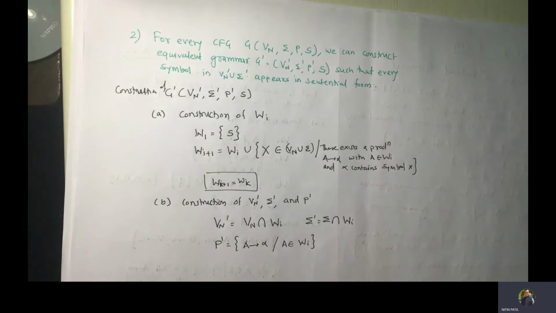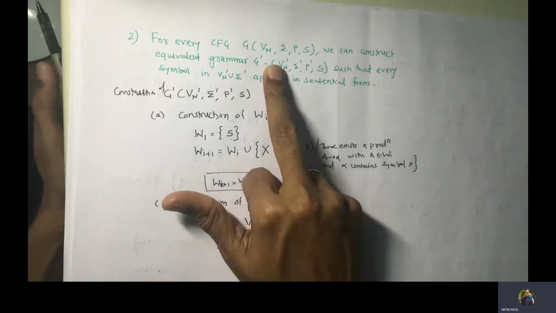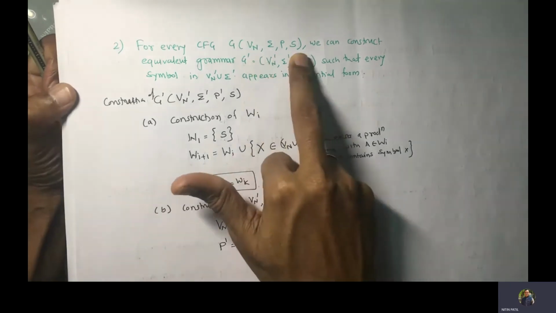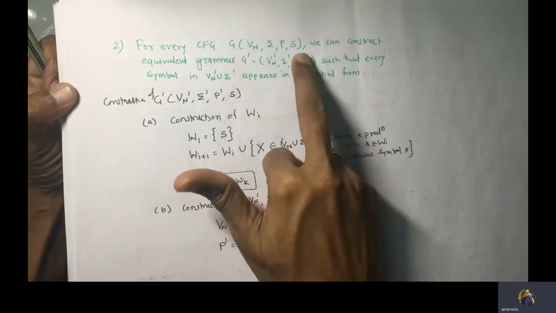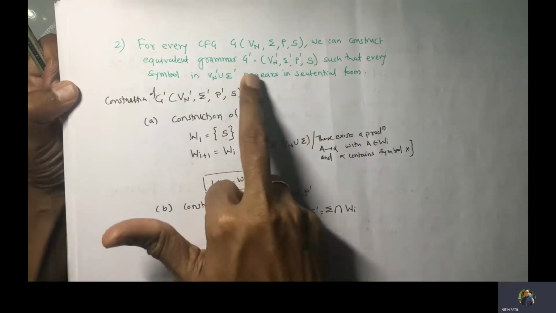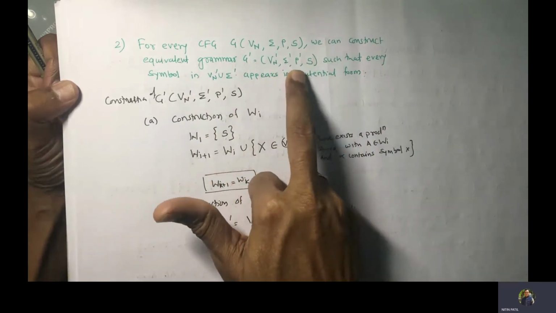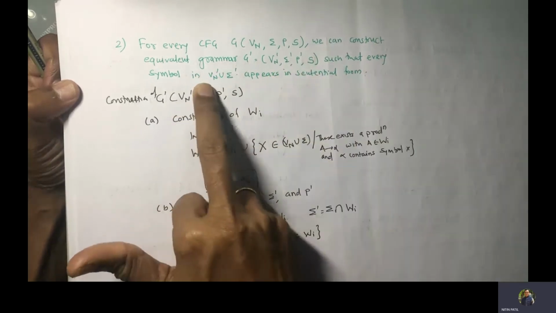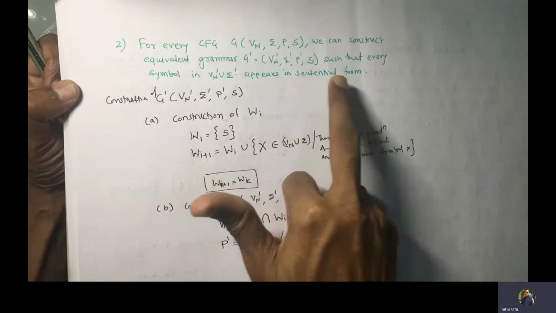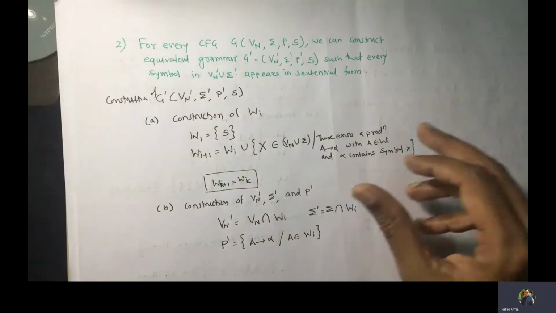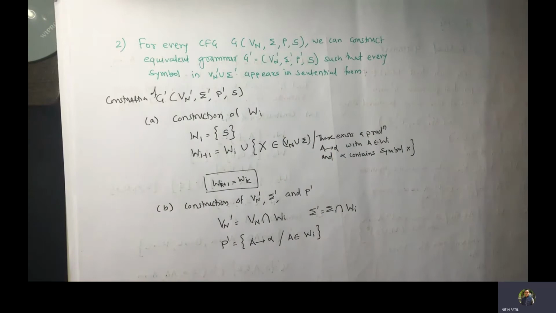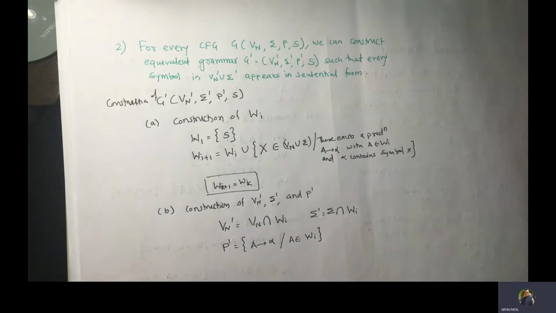Fine. So let us take an example. Let me repeat one more time what we did. We were given grammar G containing Vn, sigma, P, S. We can construct an equivalent grammar G dash, Vn dash, sigma dash, P dash, S, such that every symbol in Vn dash union sigma dash appears in a sentential form. If you recall, we already had a discussion about sentential form.